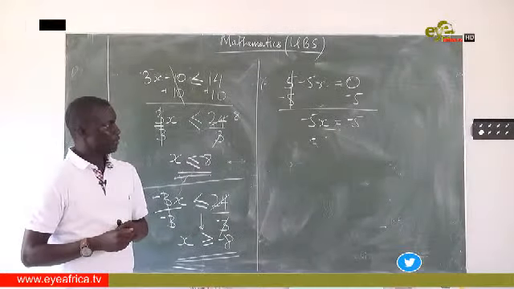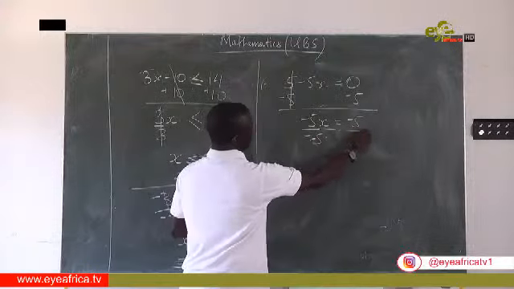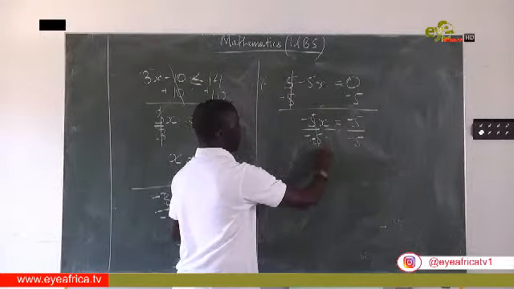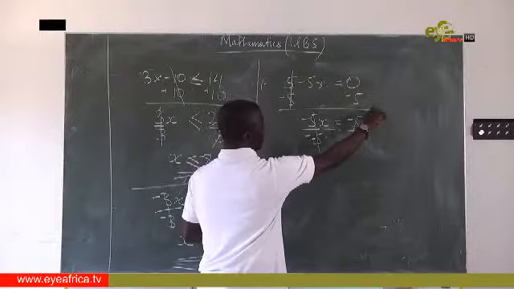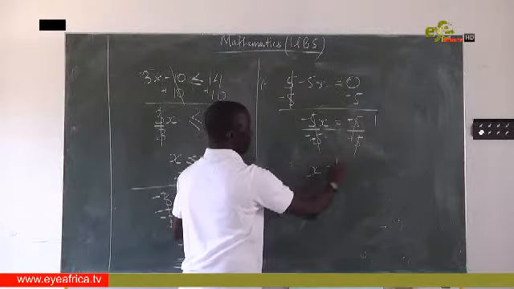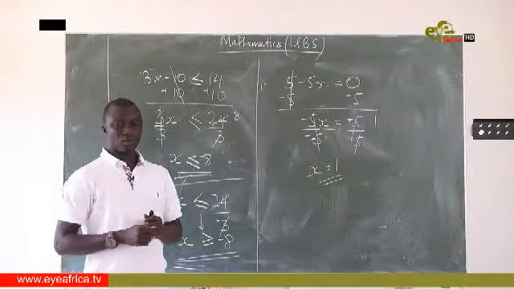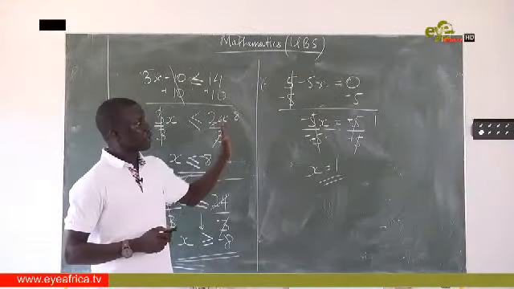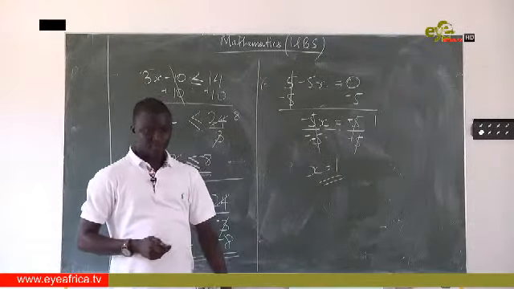So all we do is divide both sides by negative 5. Negative 5 cancels negative 5. Negative 5 goes into negative 5, we have 1. So x is equal to 1. But this is not an inequality, it is an equation.